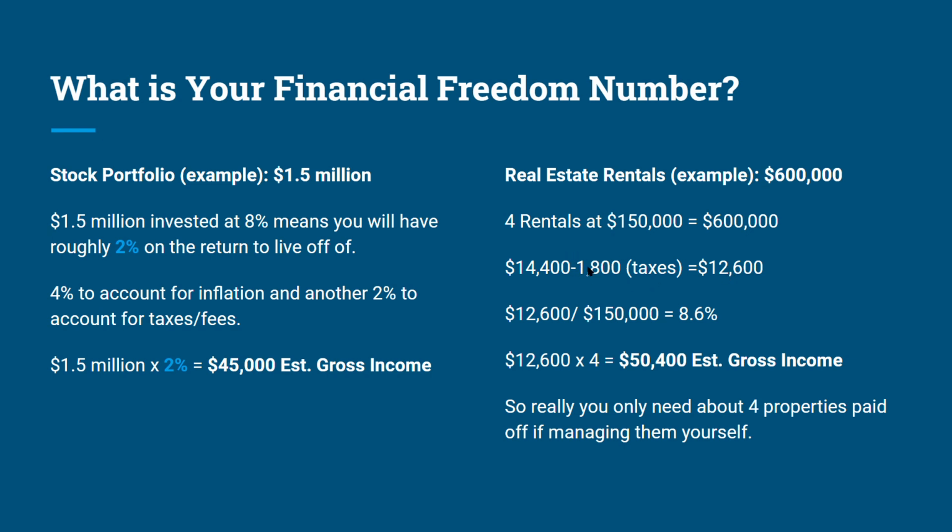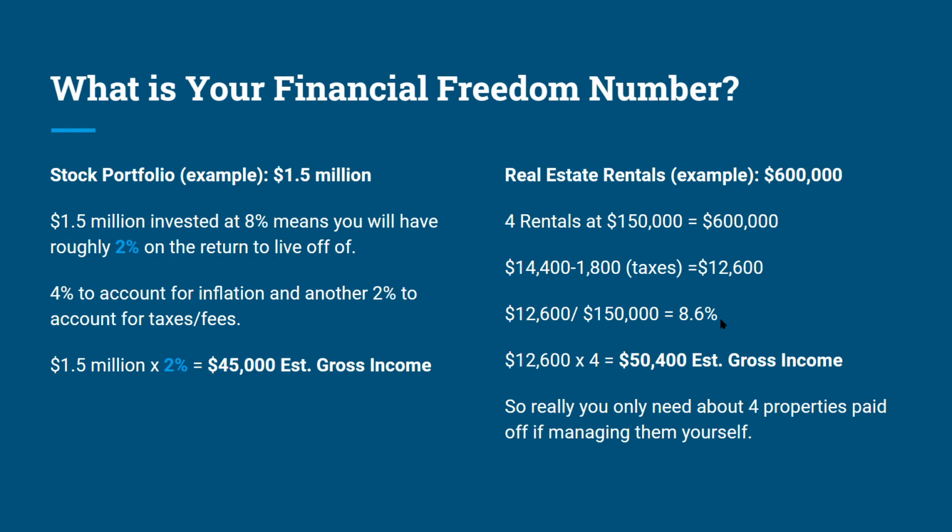Well, I'm sorry, no, this is taxes, but there's also depreciation on the income that offsets the income. Anyways, the point is that this net income per year divided by the cost of one property is an 8.6% return, right?